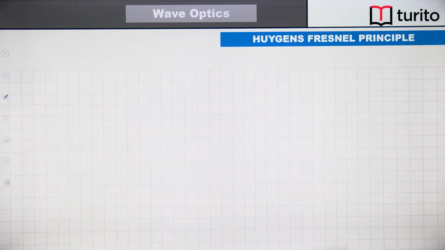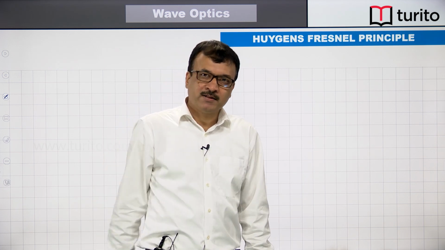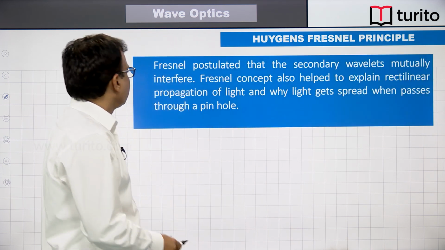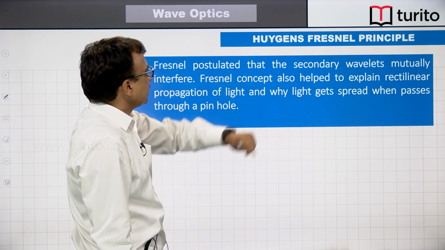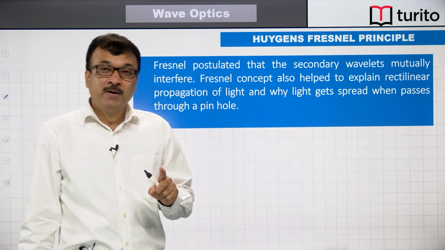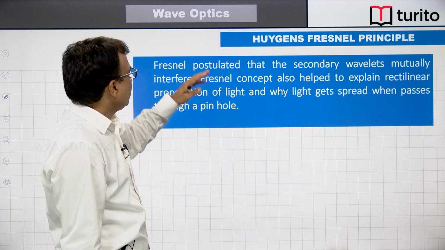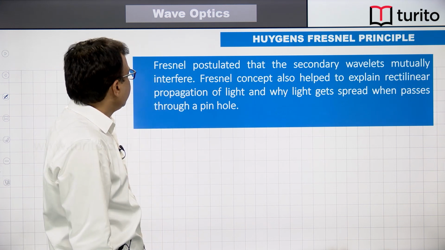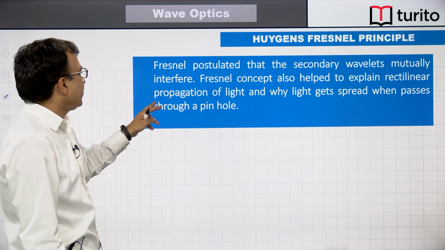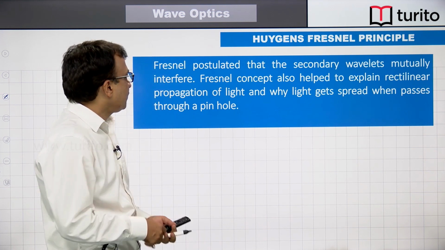Now, there is one more point which was later added by Fresnel in the Huygens principle. Fresnel postulated that secondary wavelets mutually interfere. Fresnel's concept also helped to explain rectilinear propagation of light and why light gets spread when it passes through a pinhole.